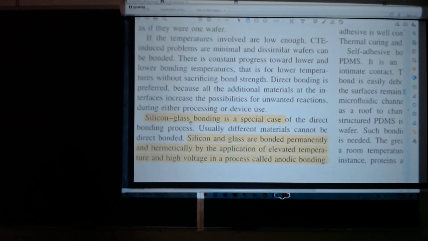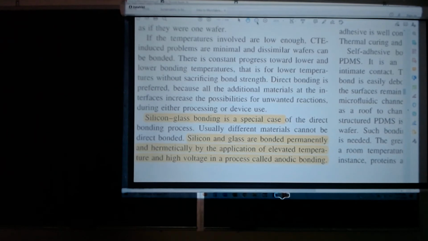Now, I have never done silicon glass bonding, but it is a special case that has a lot of applications. Later in the course, we'll look at some special applications of silicon glass bonding, but that's done by what's called anodic bonding.